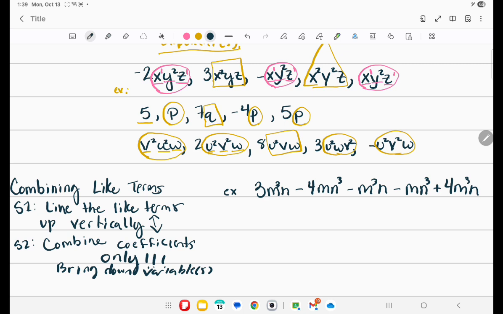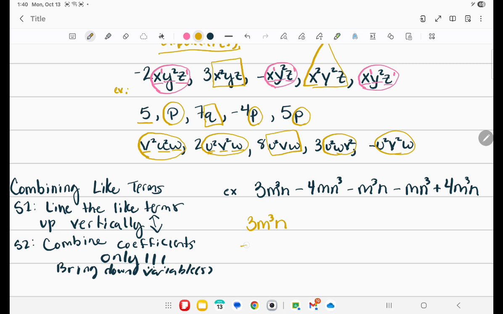All right? So what I want you to do, when you do this problem, you first write down the first term that they gave you. I gave you 3m cubed n. That's our first term. Do you have any other term in that group that's like that one? The -1?